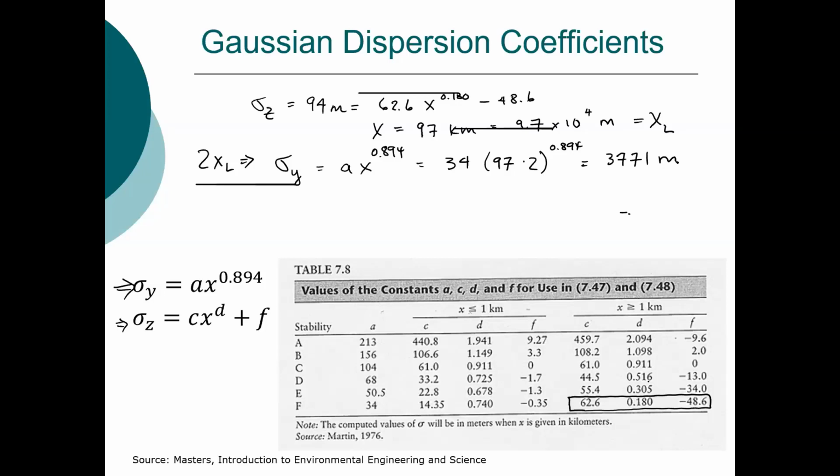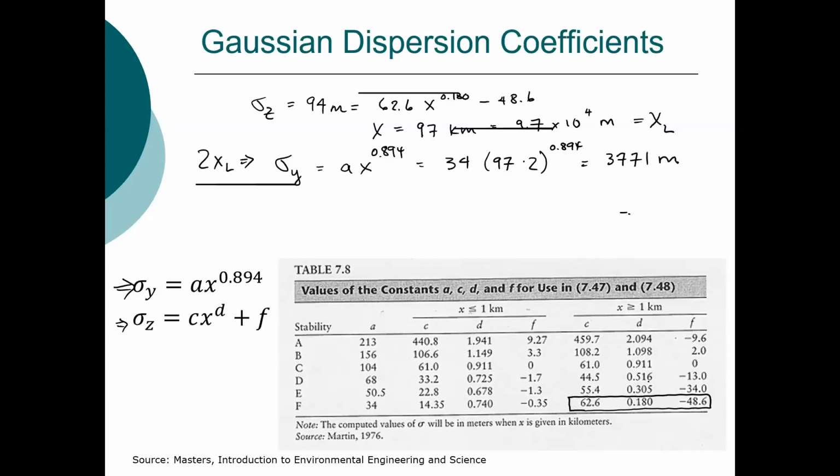With a dispersion coefficient that large, what is it telling us? Does it mean that the concentration along the y-axis is very dispersed? Exactly. It's extremely dispersed in the y direction, which therefore means that a large population is affected.